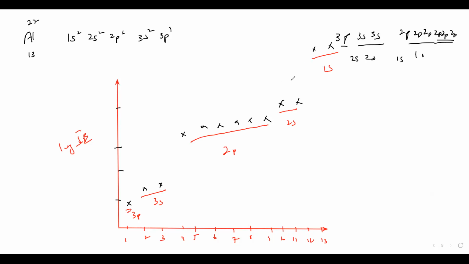Is it clear? This graph is for aluminium: the log of ionization energy against the number of electrons removed from an aluminium atom. Then using the numbers, we can also identify how many electrons are there in the last shell.